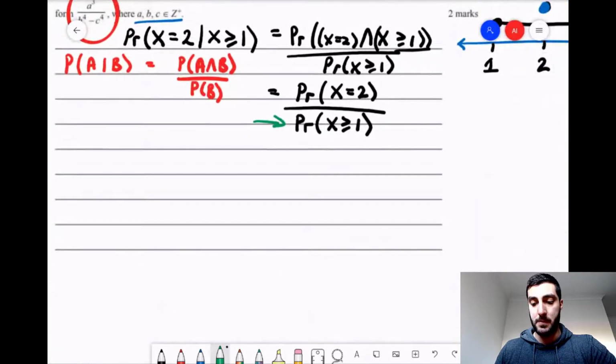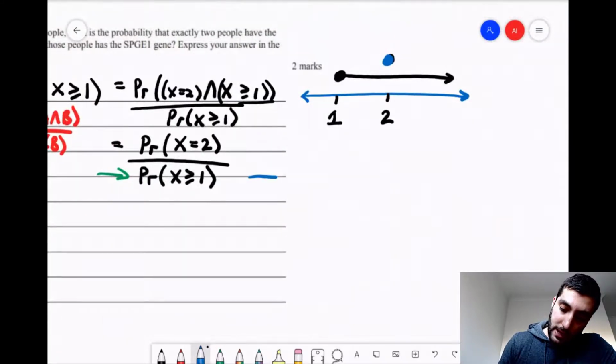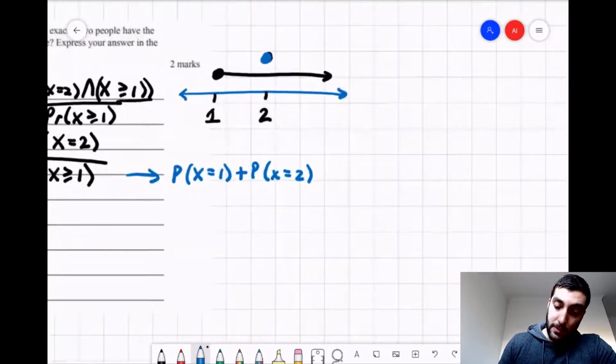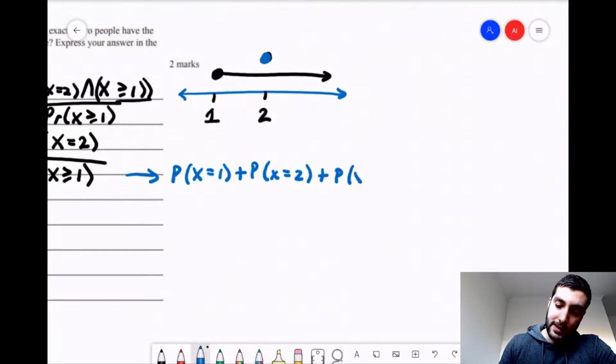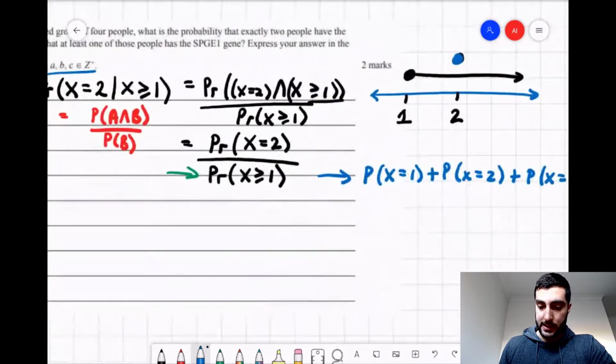So if we were to do the same thing here, that would mean the probability that x is greater than or equal to 1 is the probability x is equal to 1 plus the probability x is equal to 2 plus the probability that x is equal to 3 plus the probability x is equal to 4. And that would take quite a lot of time, especially for 2 marks. So hopefully you guys are thinking, is there a better way to be answering this? And there turns out there is.